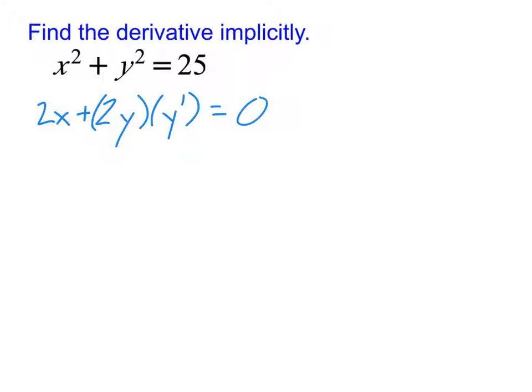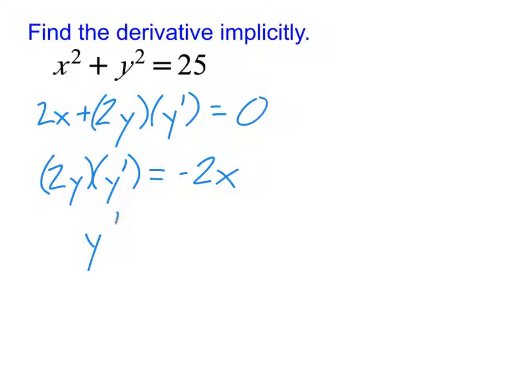Now we're down to algebra work. I got to solve this to be y prime equals, because I want to be able to have some little function that tells me what's the slope at any given point. So first thing we're going to do there is I'm going to subtract that 2x from both sides. That gives me 2y y prime equals a negative 2x. Now I want to divide both sides by 2y.